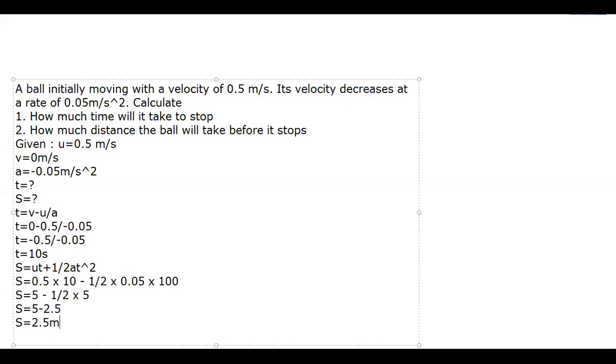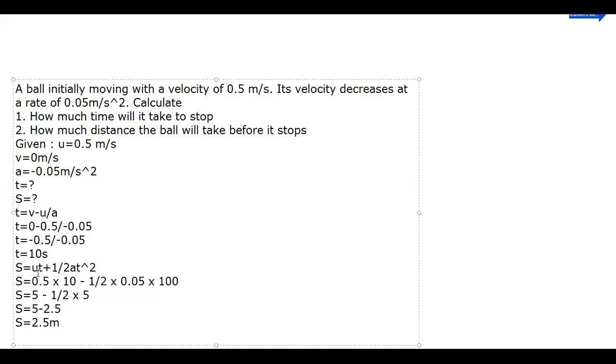So how much is the distance covered by the ball before it comes to stop? The distance covered by the ball is 2.5 meters before it comes to stop. Yes, we can find the answer by the equation v square is equal to u square plus 2as, or we can use the equation s is equal to ut plus half at square.